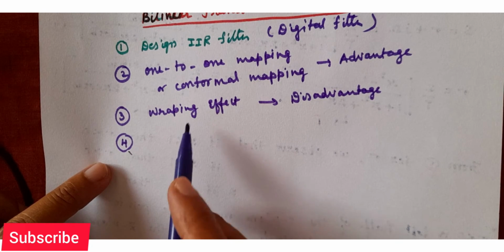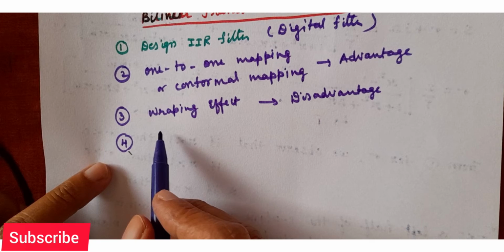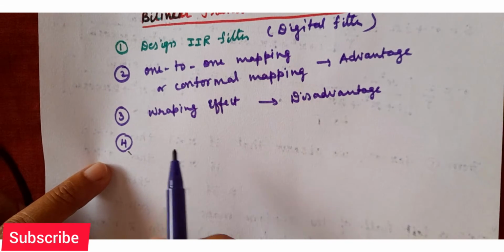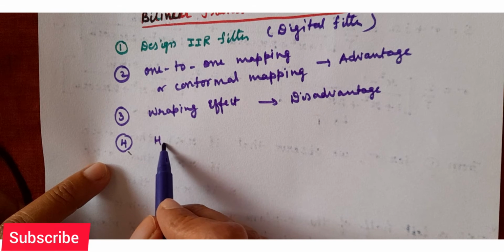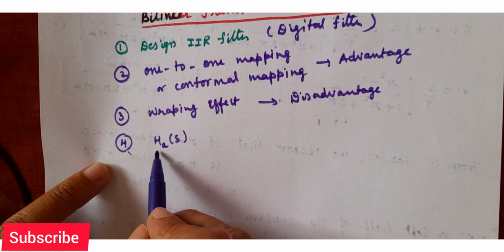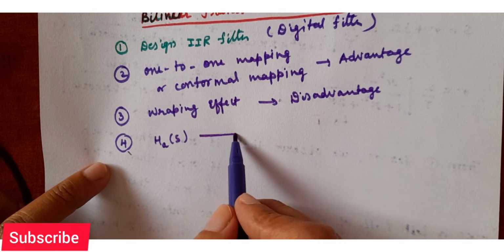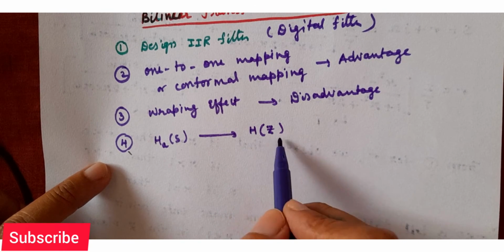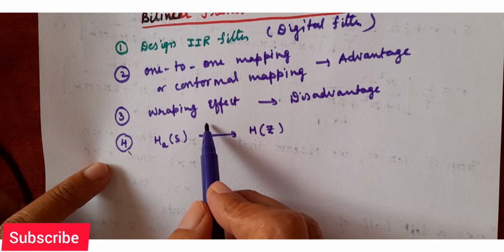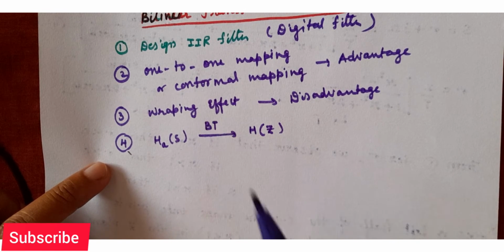We know IIR filters are designed indirectly. Design of an IIR filter is an indirect method. First we have to design H_A(s), that is the transfer function of an analog filter, and then transform it to the transfer function of the digital filter using the bilinear transformation.